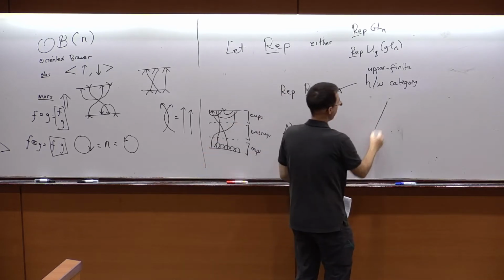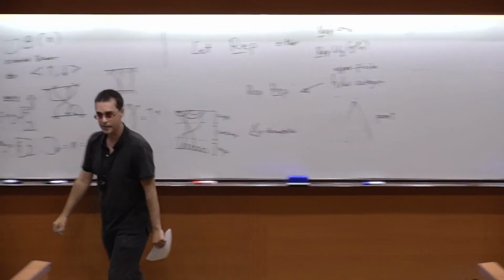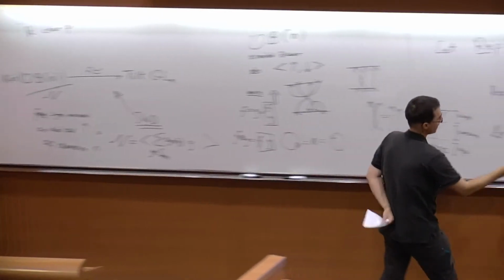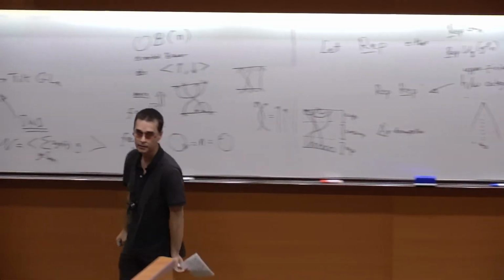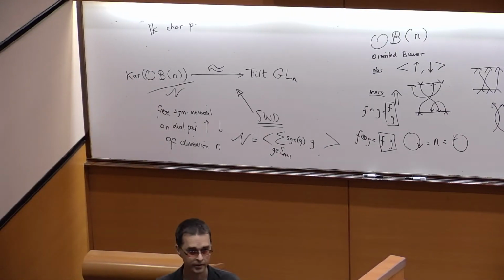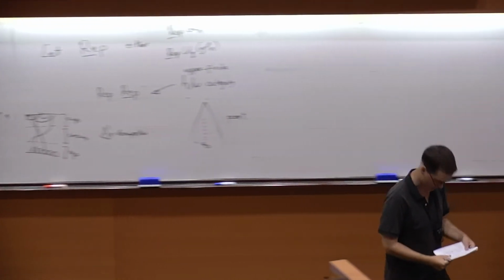And the poset has a maximal element, but there are infinite chains in this poset which can go down forever. So that's a little bit scary. In fact, the standard modules have infinite length, but the projectives are good. The projectives have finite delta flags because your poset is bounded above. But otherwise, it's a little bit weird when you start playing with these upper finite highest weight categories, but it's not a big deal.